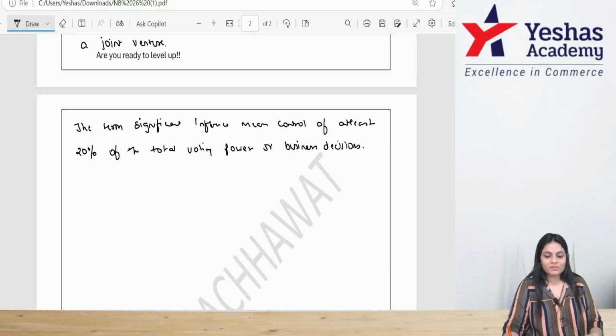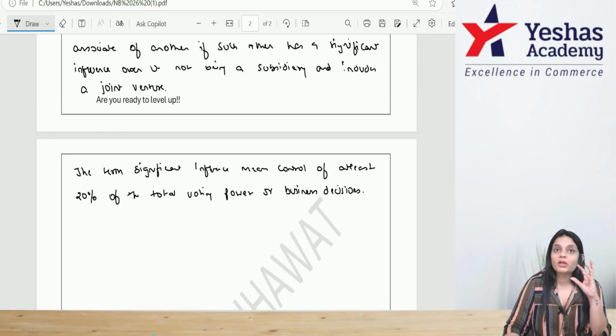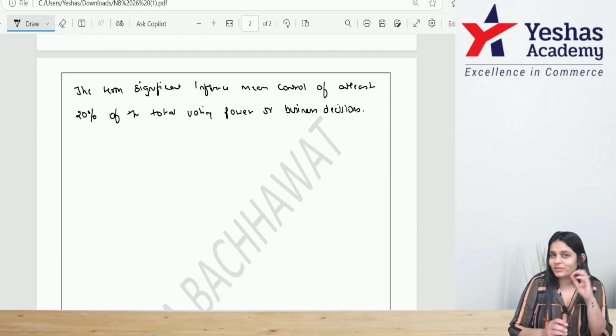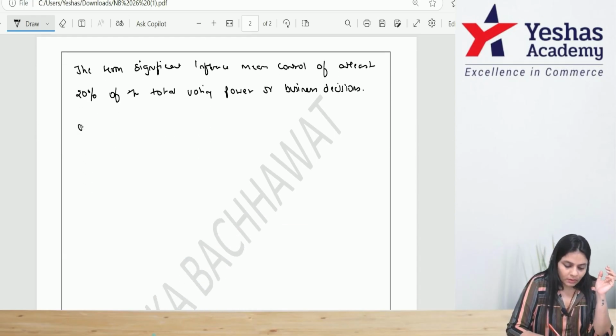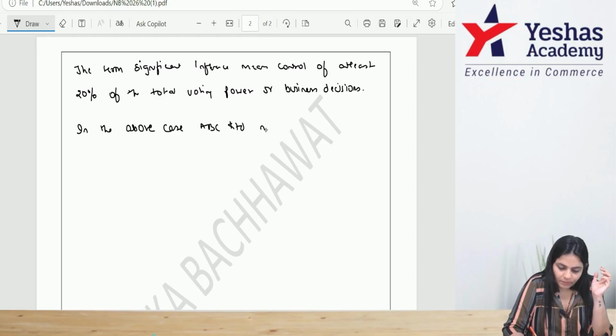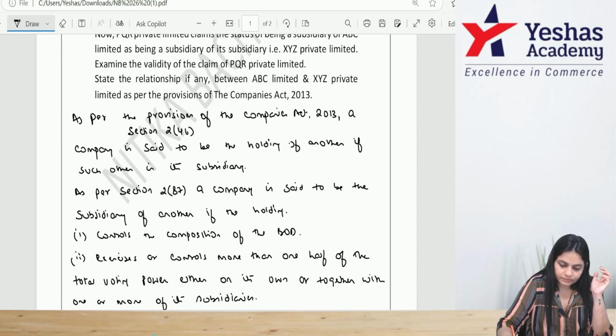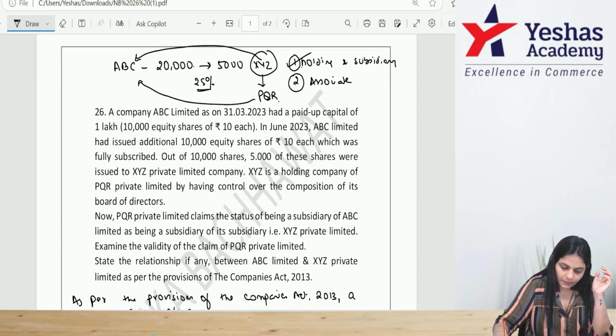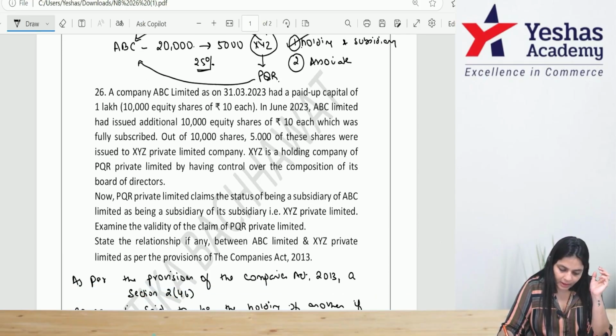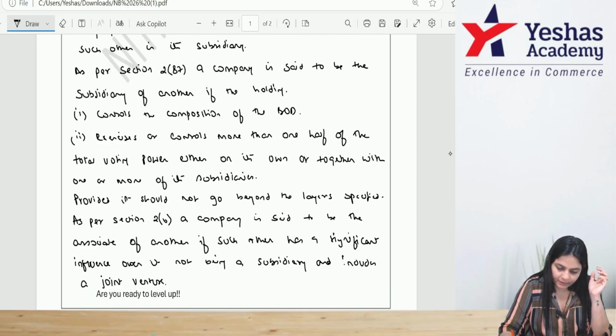Here, the question is about calculation. So, the second part becomes a little important, as in you really need to show the calculations here. So, in the above case, ABC Limited has 20,000 shares, of which 5,000 are held by XYZ Private Limited.